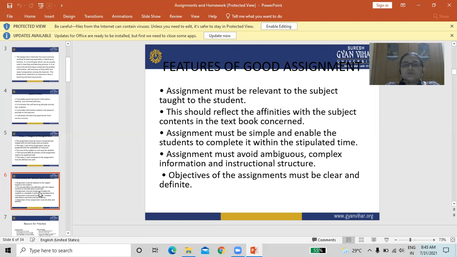This should reflect the affinities with the subject contained in the textbooks concerned.